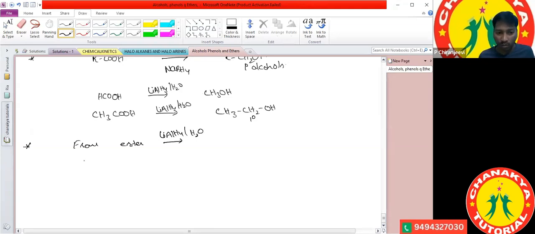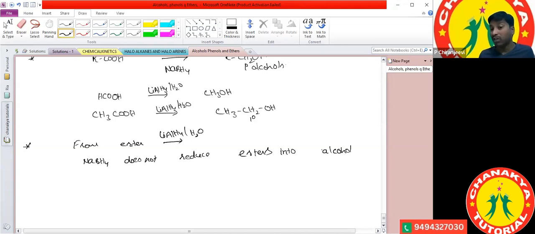Sodium borohydride, NaBH4, does not reduce ester into alcohol.